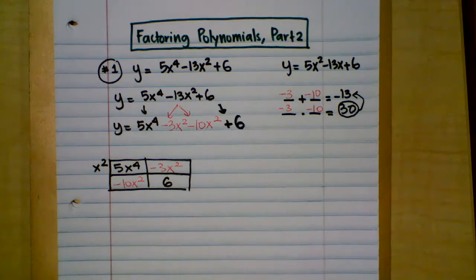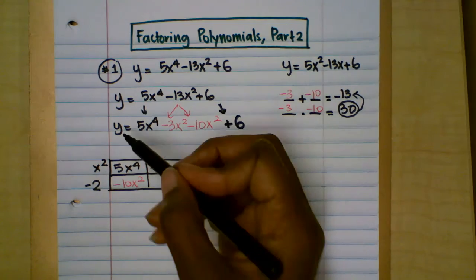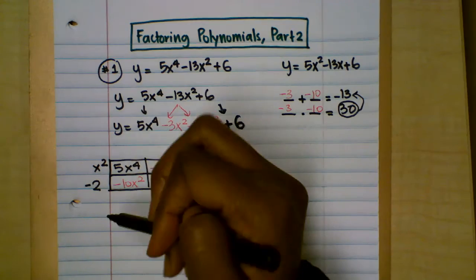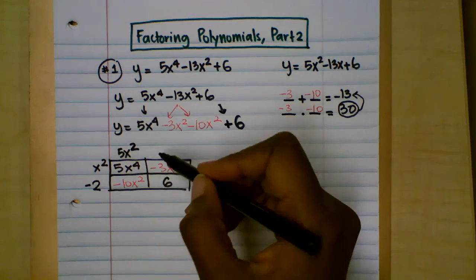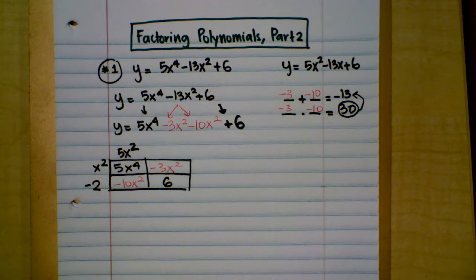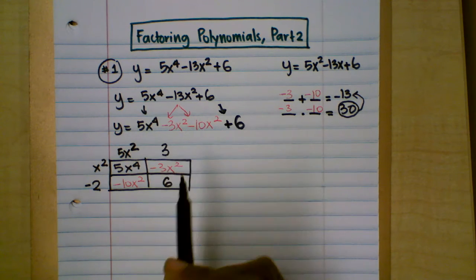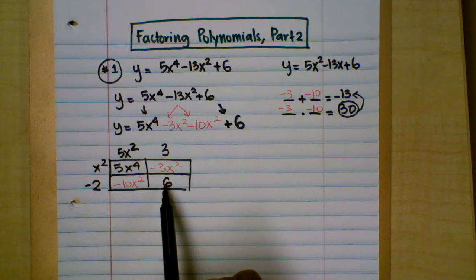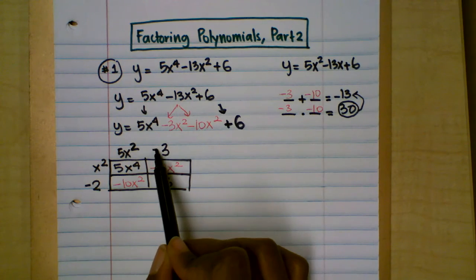The second row is going to be just a number. I'm going to pull out negative 2. And the first column is going to be 5x squared. And then the second column is going to be just the number, oops, not 2, but 3, because the factor 3 is repeated in 6. The factors of 6 are 3 and 2. So I'm going to pull out negative 3.